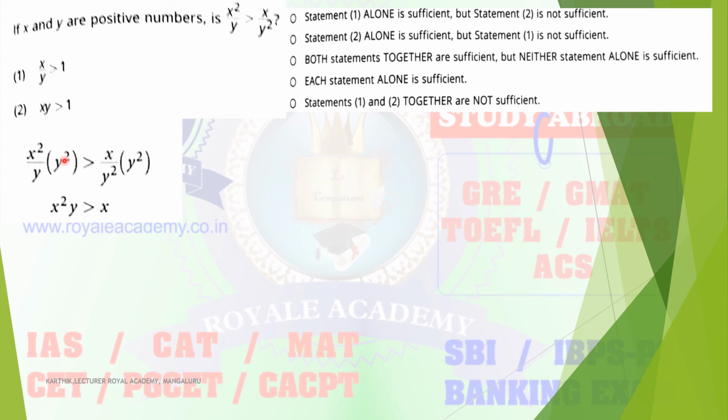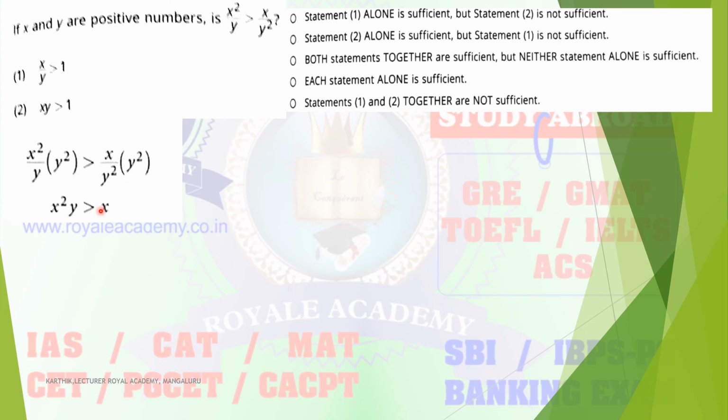Okay, so I will multiply y square on both sides of this equation. What happens? If I multiply y square on both sides, y square and y square cancel each other. Here one y is there, and one y, this y and this y cancel, the remaining one y remains as it is. So what remains? x square y is greater than x.